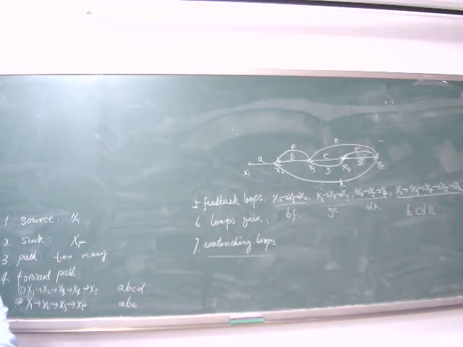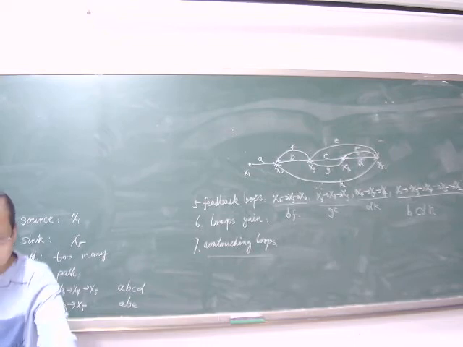This is the loop gain X2, X3, X5, X2, the last one.